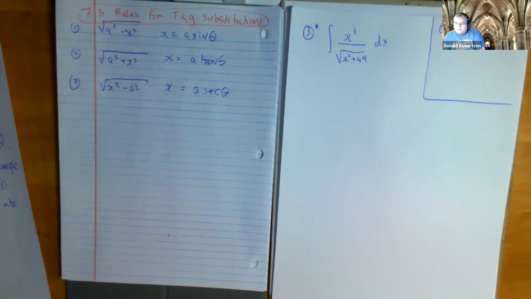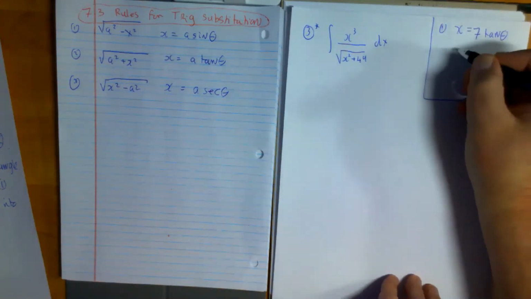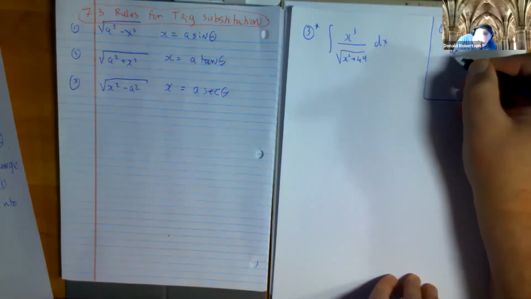Now what I'm going to do, well, do you know what I'm going to do next? Maybe you could tell me before I do it. It's just like a U sub, but it's called an X sub. So what do you think I'm going to do next? Differentiate. Agreed. And that's exactly what you do.